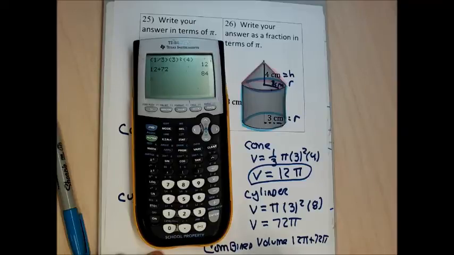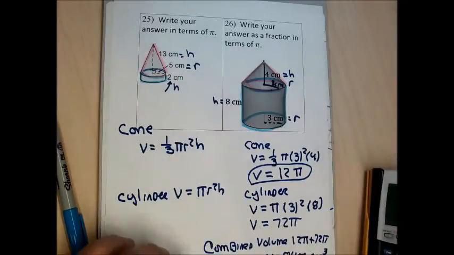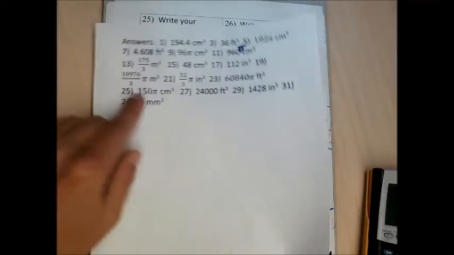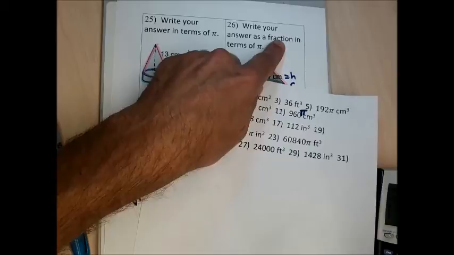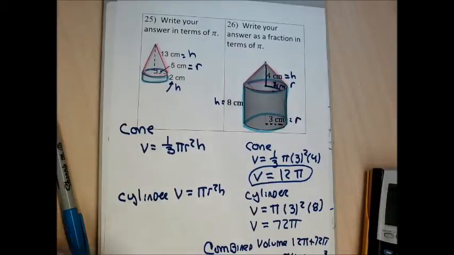My answer is going to be the volume equals 84 is going to be the number. The pi needs to stay in my answer, and the units are going to be cubic centimeters. Your answer for 25 comes out to 150 pi cubic centimeters, even though it says, for mine, write my answer as a fraction. It wasn't a fraction.